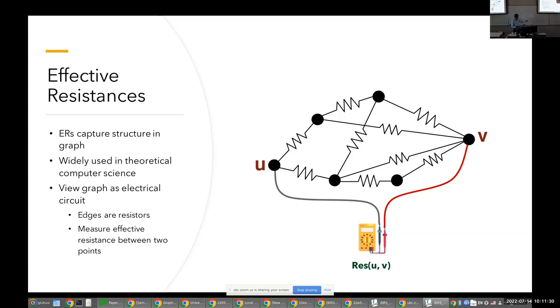You can hook up a multimeter to measure this, and via Ohm's law, you can figure out what the effective resistance is between these two points. If you have an unweighted graph, all the resistors have the same resistance, say 1. But you can also handle weighted graphs where you adjust the resistances accordingly. So is that clear? Okay, great.